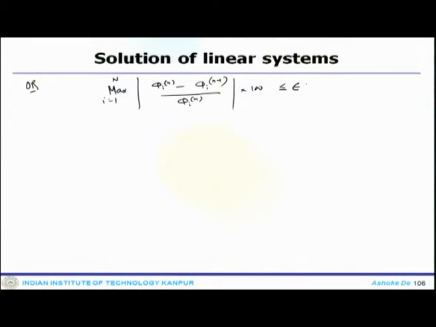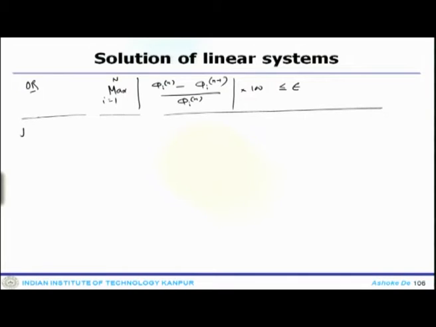So these are the points, the heart of any iterative process or method, which need to be satisfied. Now, said that, we will move on to the discussion of different iterative methods.